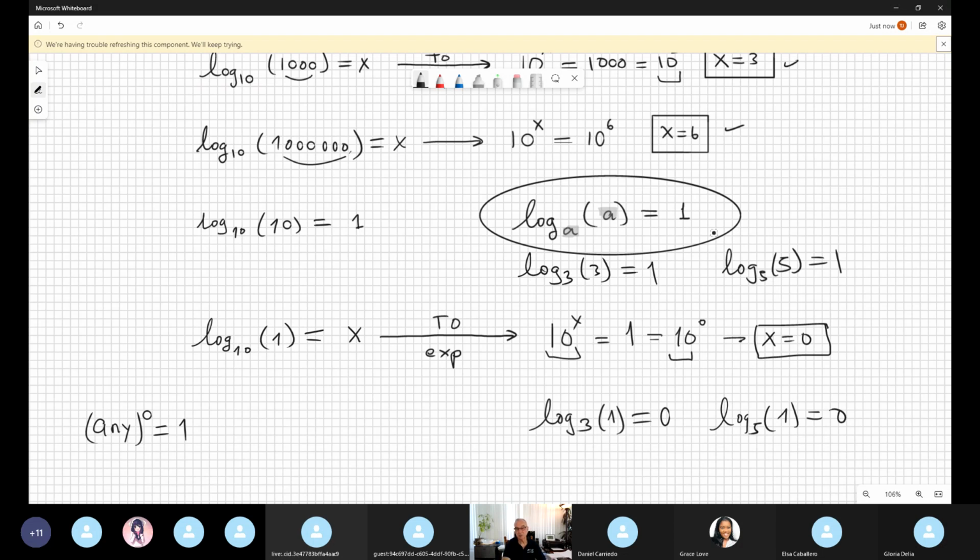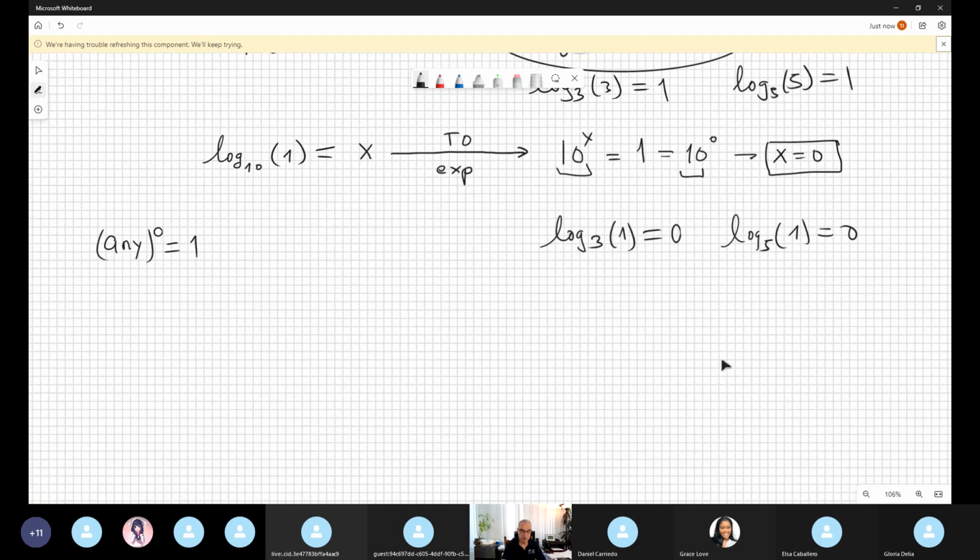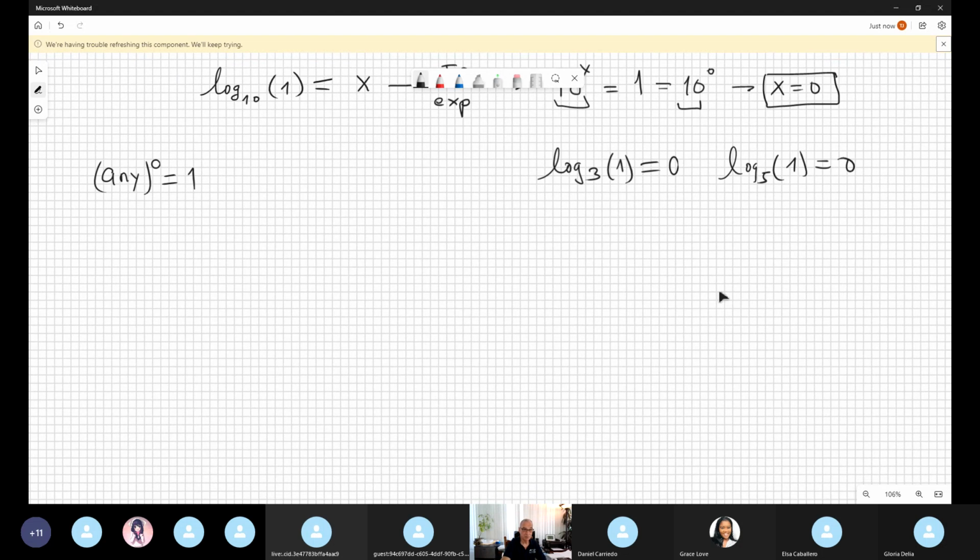Logarithm of 1 is 0. Right? After, we verify everything in the calculator. After, but not now. Do you understand? Do you follow me? Keep in mind, logarithm of 1 is always 0. We use this property, not every day, but we use it.